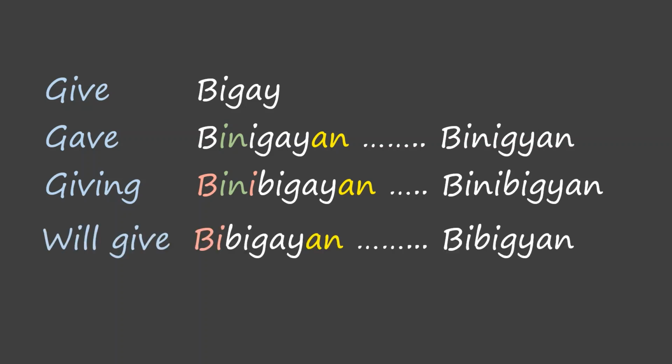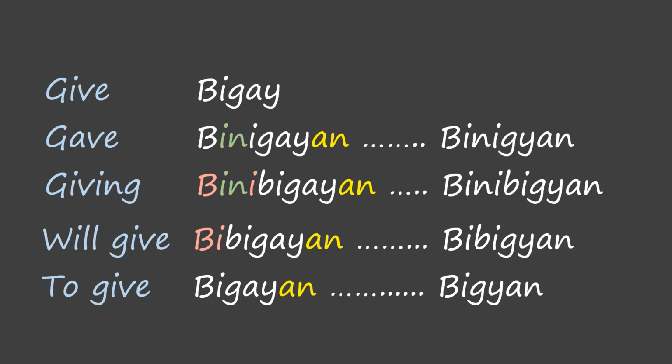We'll give, bibigayan; it's easier to say bibigyan. And to give, bigayan, is shortcut to bigyan. So either way, you can use the long form or the shortcut form, but in everyday Filipino, you'll just hear us say the shortcut. Binigyan, binibigyan, bibigyan, bigyan.